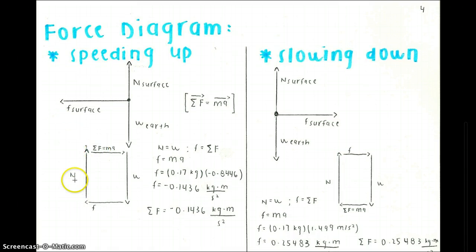Okay, down here we have our vector diagram, and as you can see, the normal force equals the weight, and down here we have the friction going to the right, and up here we have our total force vector, and total force, or sum of forces, is found by mass times acceleration.